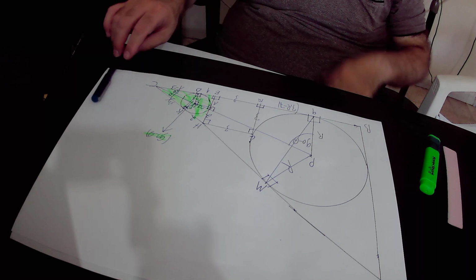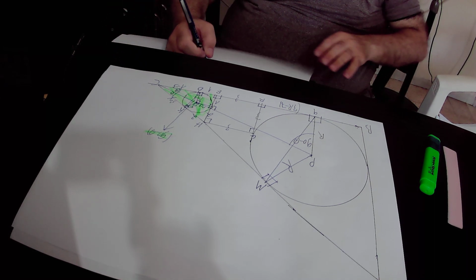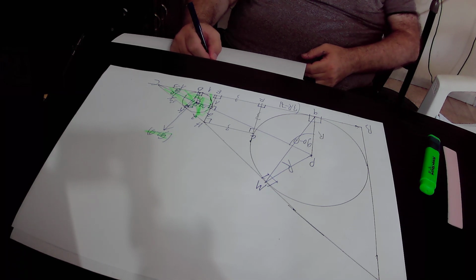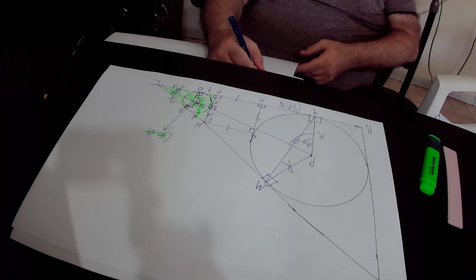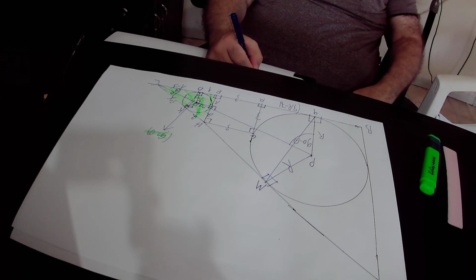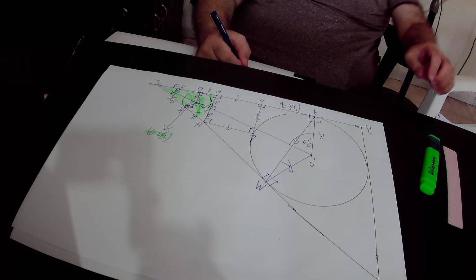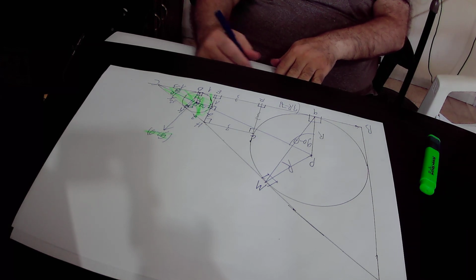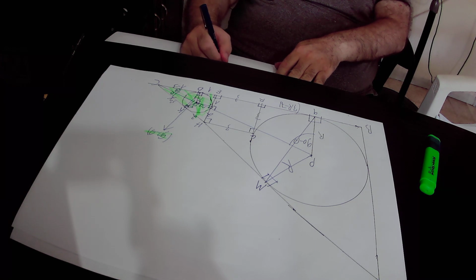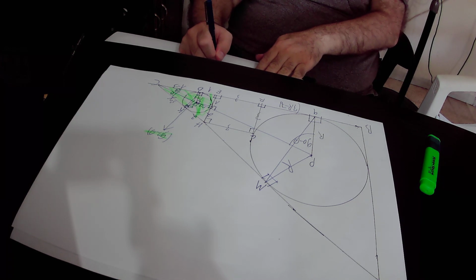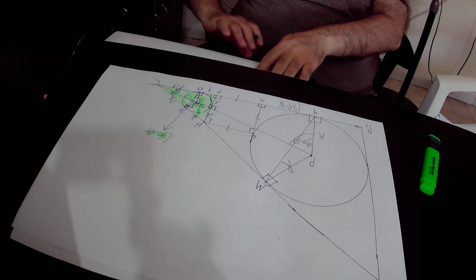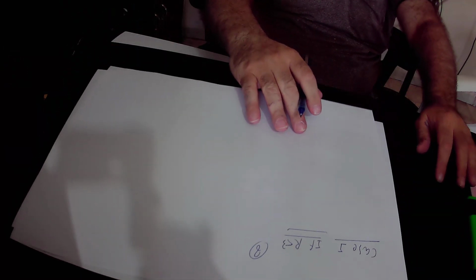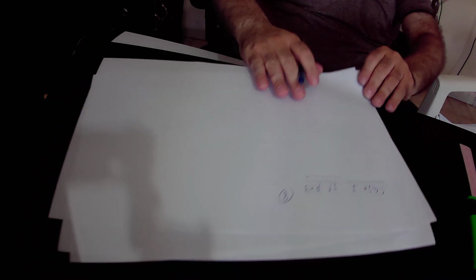So in the first case, we'll assume that R is less than 3 units, therefore we will have a circle with a radius that is less than 3 units.